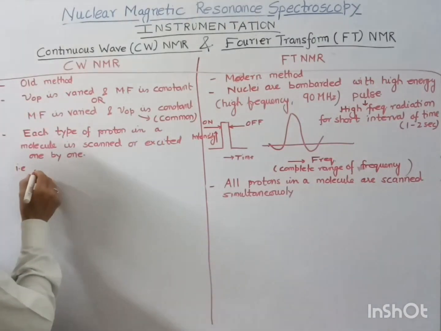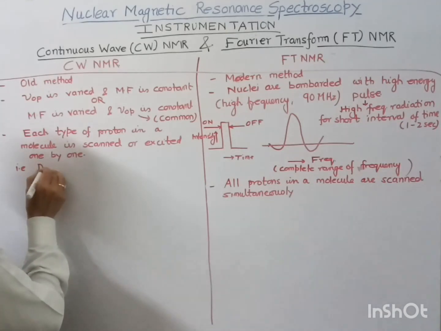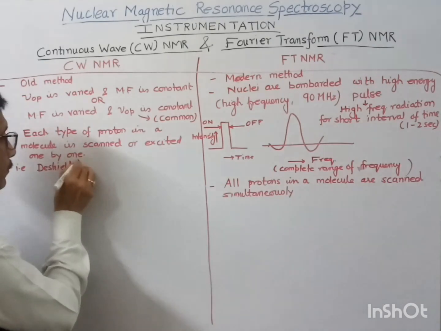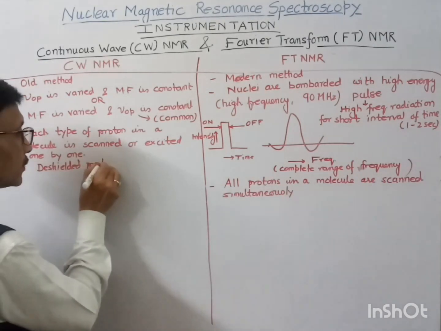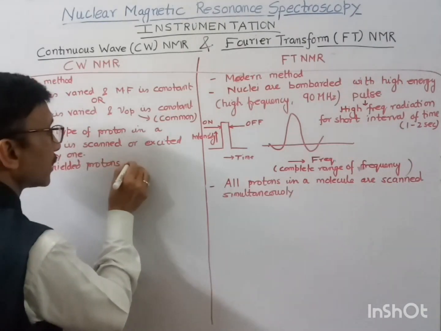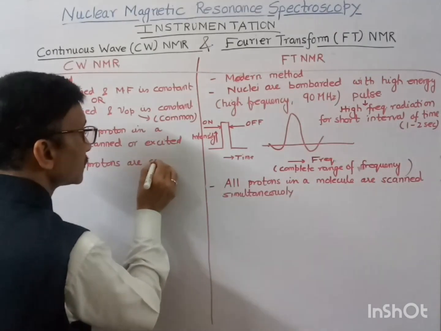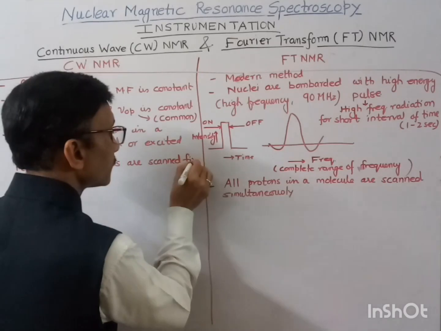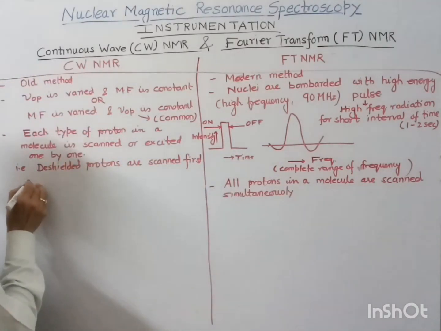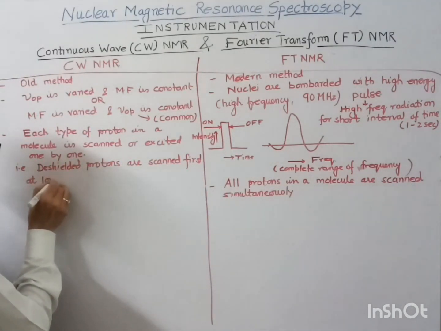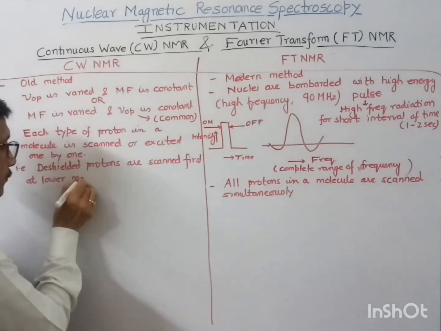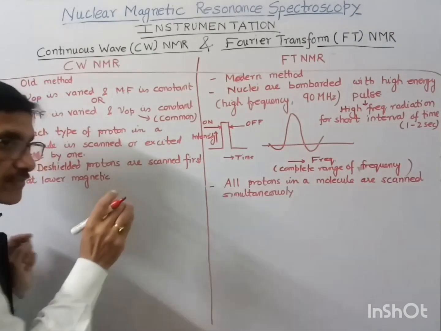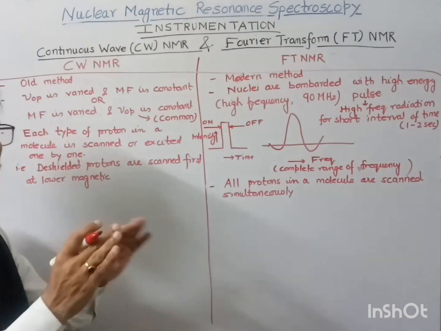So here the de-shielded protons are scanned first at lower magnetic field, because the magnetic field is varied from lower to higher.